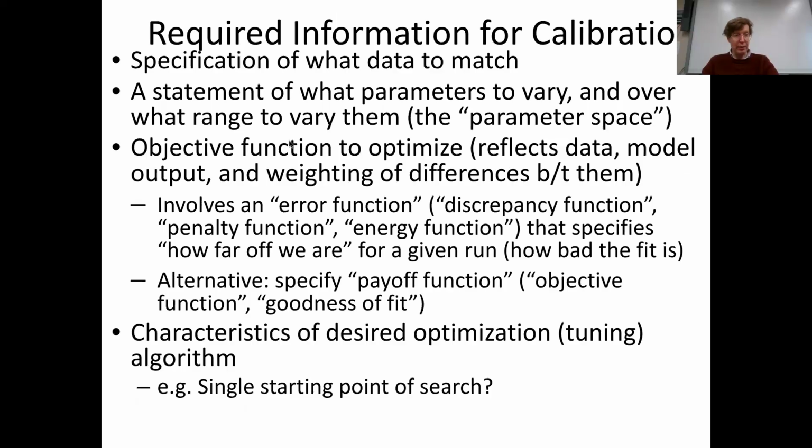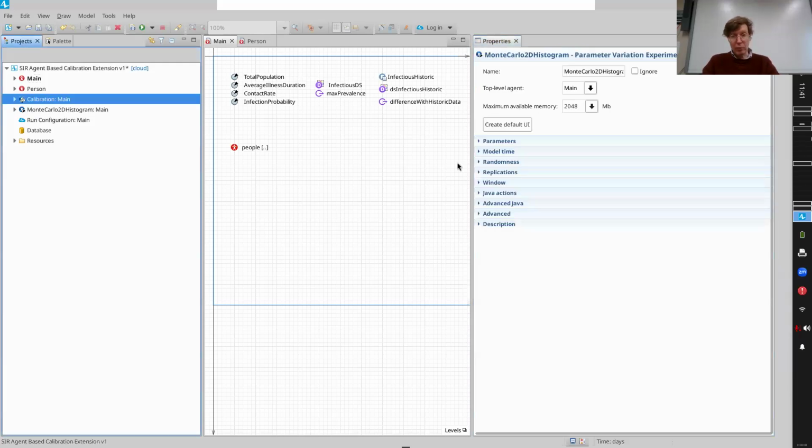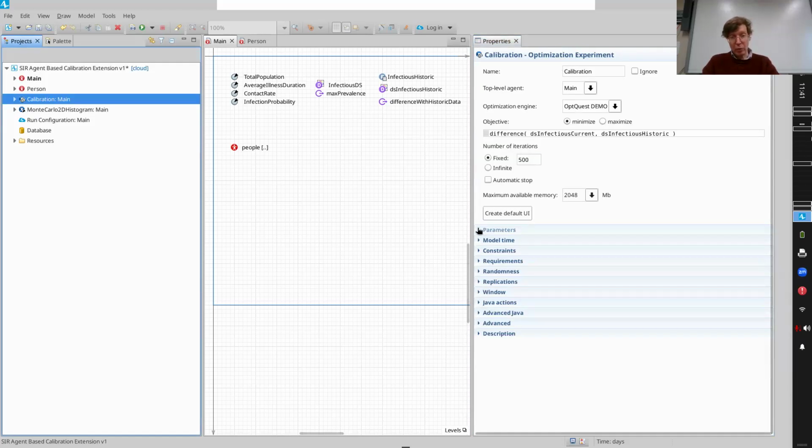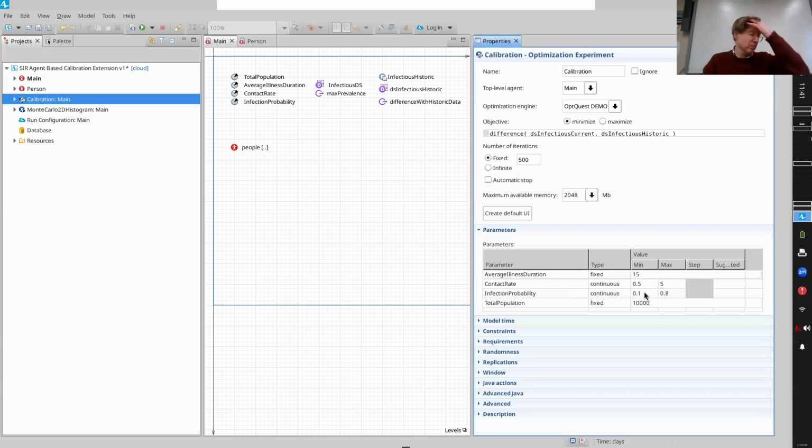Now we have to specify the range over which to vary them and which parameters to vary. That's specified in this calibration experiment. So here we're going to be adjusting contact rate and infection probability, which I think is somewhat silly for reasons I'll talk about in a few minutes.